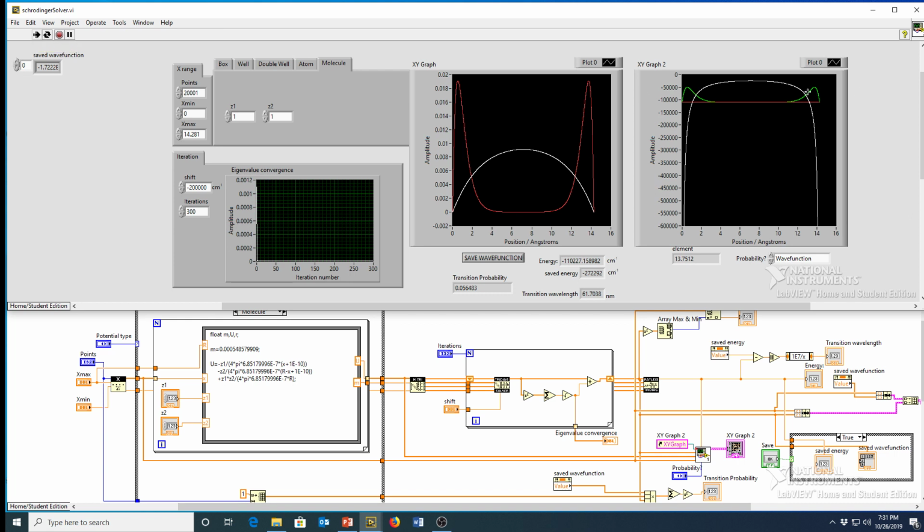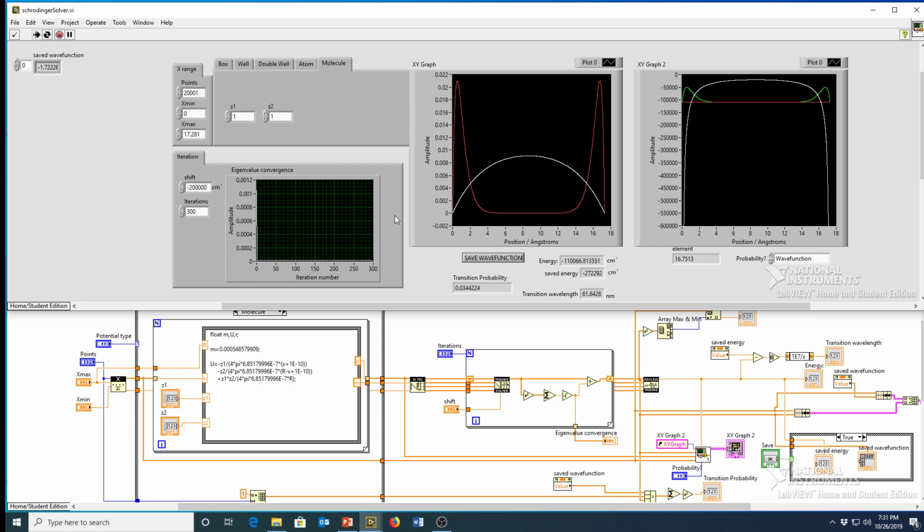That looks good. We've got one atomic potential for one nucleus, one atomic potential for the other nucleus. The electron is equally likely to be found on either. We can change X max to change the bond distance.